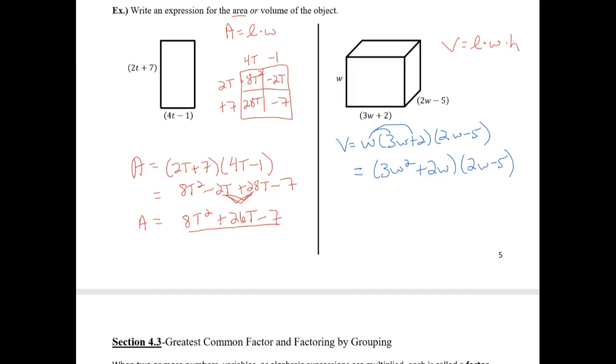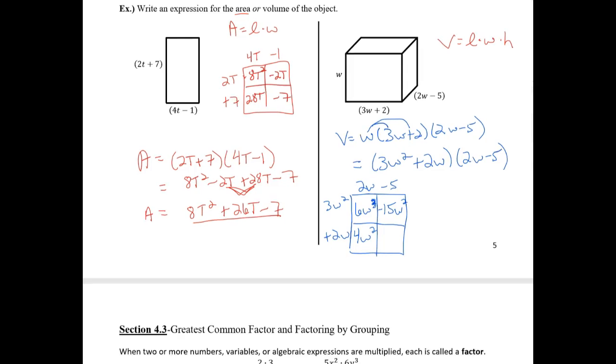And now I have two terms by two terms. I'm going to set up my box, 2 by 2. I would have 3w squared plus 2w on one side, 2w minus 5 on another. 3w squared times 2w would be 6w squared. 3w squared times a negative 5 would be negative 15w squared. 2w times 2w would be 4w squared.